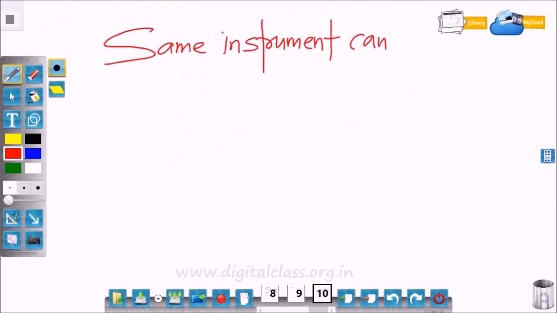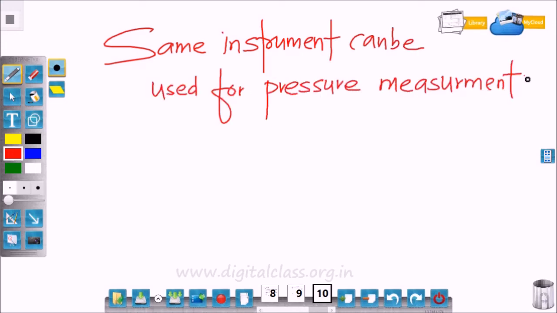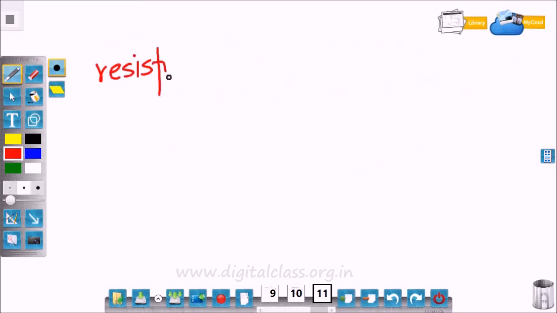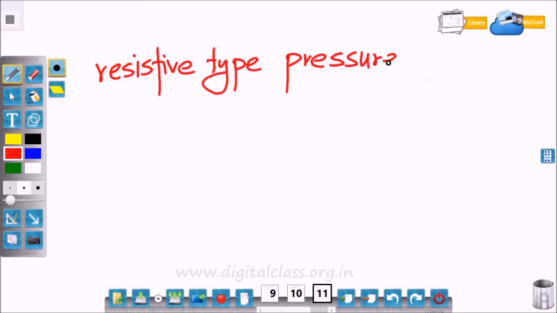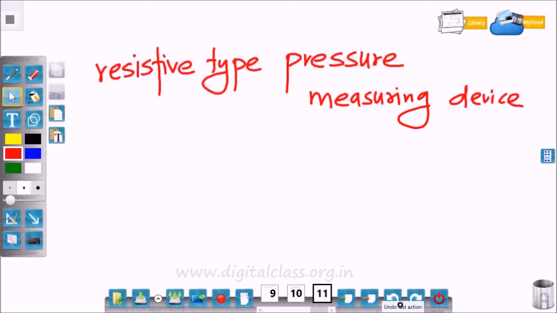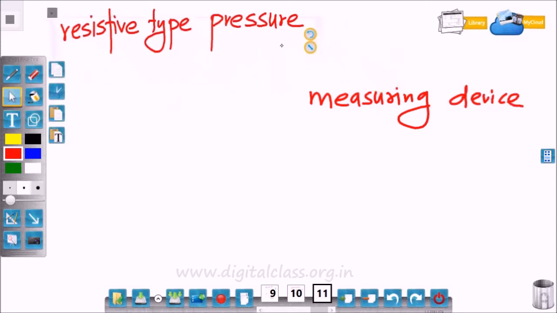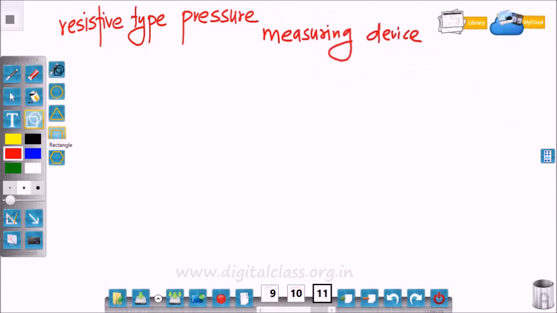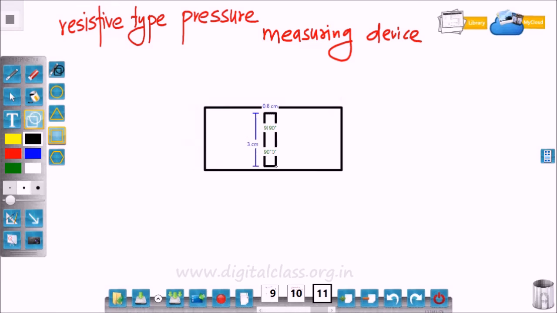The same principle can be used for pressure measurement. Now we are going to see how we can use this principle. This is a resistive type pressure measuring device. Here this is a piston and cylinder arrangement.